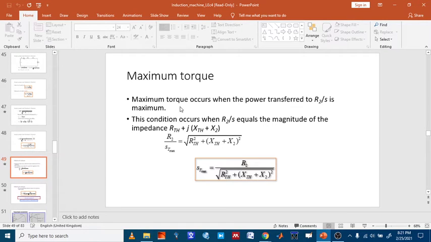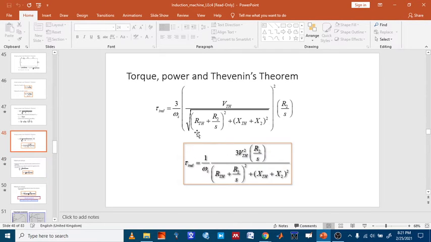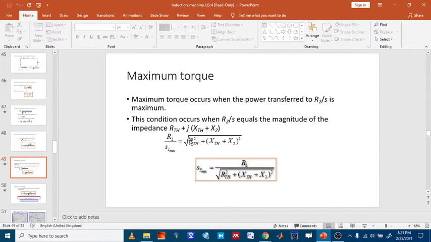Maximum torque. They are saying that maximum torque occurs when the power transfer to R2 by S is maximum. That takes place when R2 by S is equal to the equivalent impedance, the square root of RTH square plus, XTH plus X2, all square.